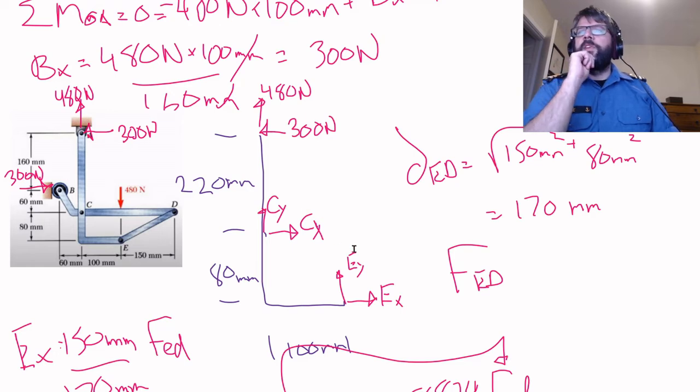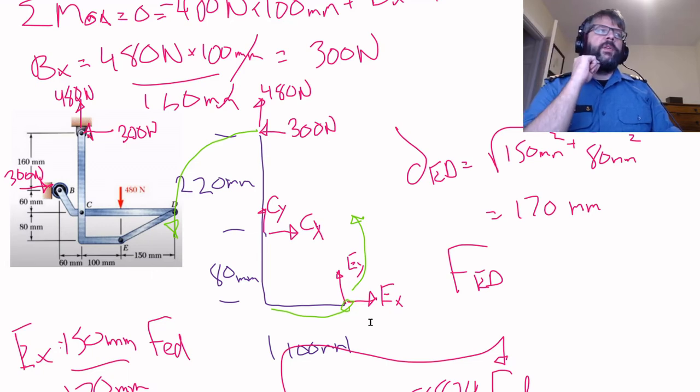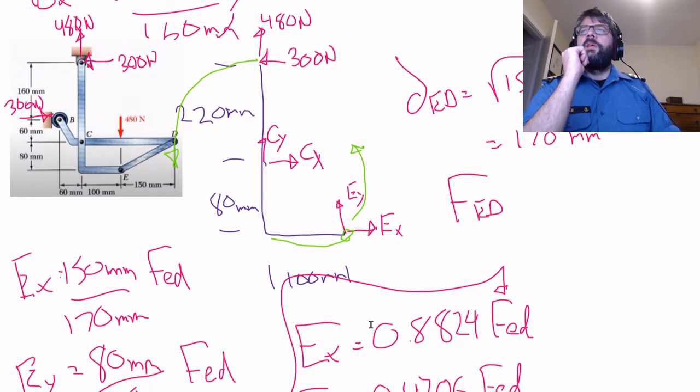The components that we do have are the 300, which is going to be causing a positive moment, and EY and EX, which are both, based upon their orientation and location, going to be causing a positive moment about C.